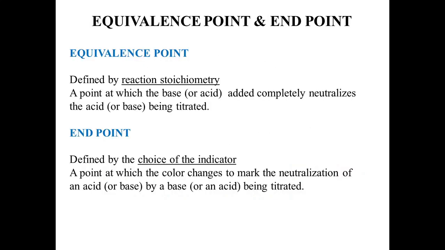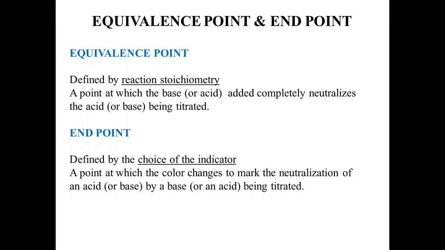Now we need to recall some basic differences between the equivalence point and the end point of a titration, which are often confused. The equivalence point is defined by the reaction stoichiometry, whereas the end point of the titration is defined by the choice of the indicator.